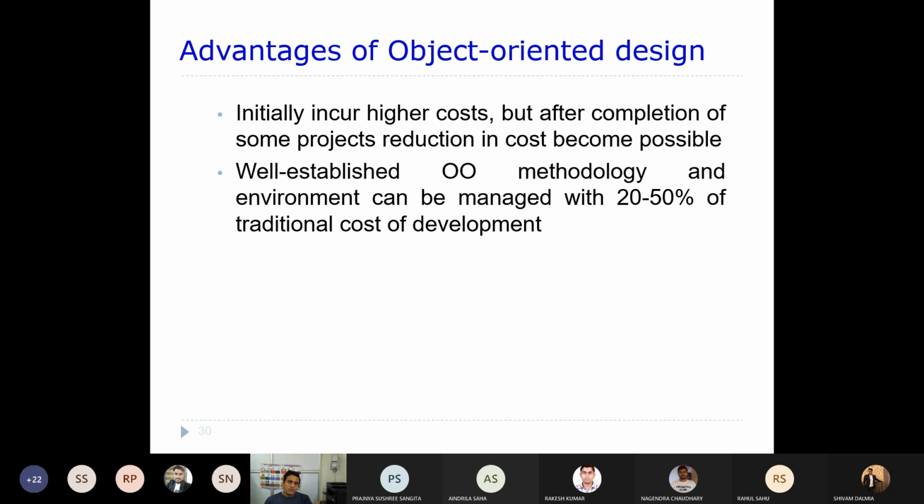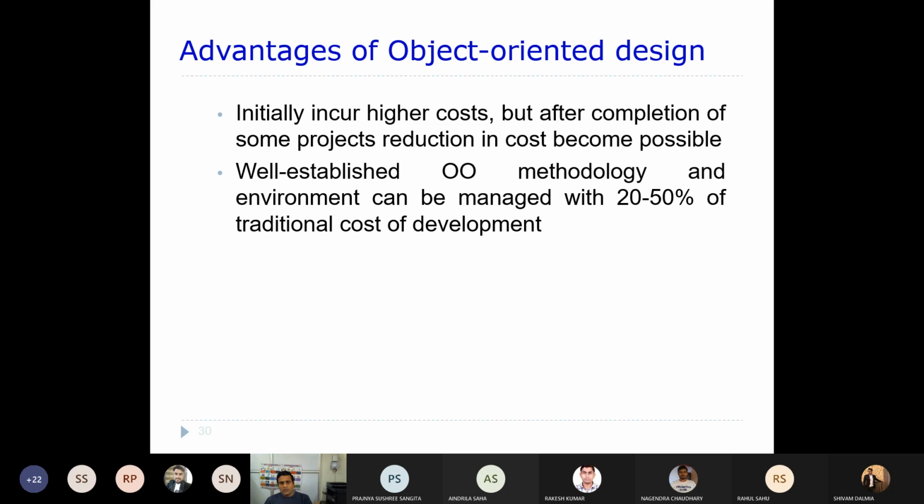So when we use any object oriented technique or design, initially maybe the cost of development is a little bit higher, but once you move towards the completion of the software project, you will see the amount of cost invested gets reduced.